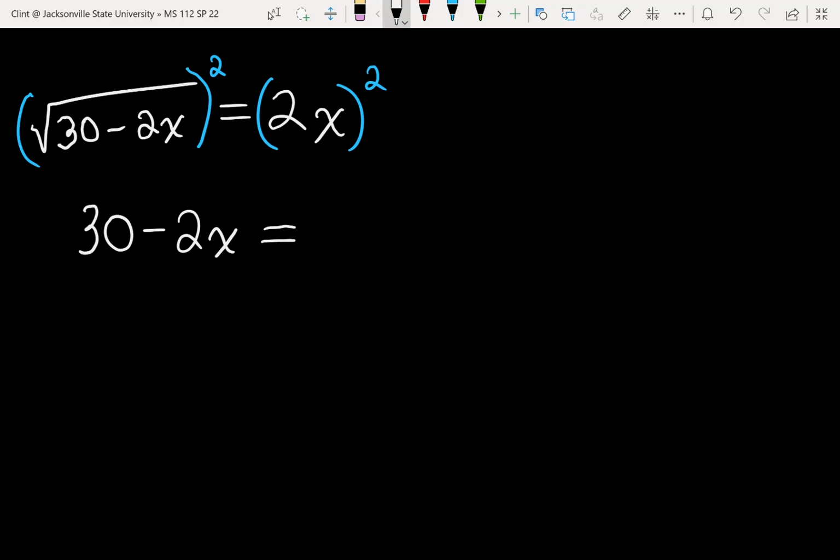On the right side, we have to be a little bit careful when we square. That means 2x times 2x. So what's that going to give us? 4x squared. You've got to square the 2 and the x.